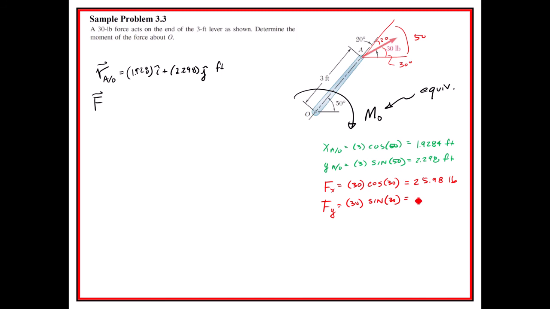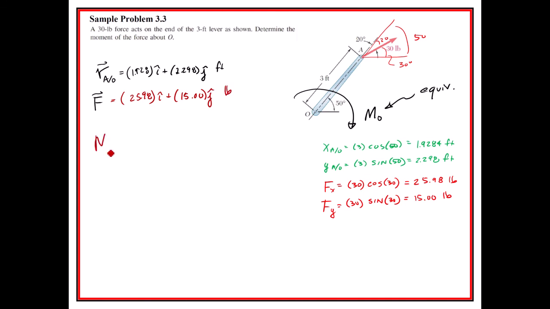So that should just be 15. So writing up here, and these are both positive directions, 25.98 I plus 15.00 J, and these are pounds.